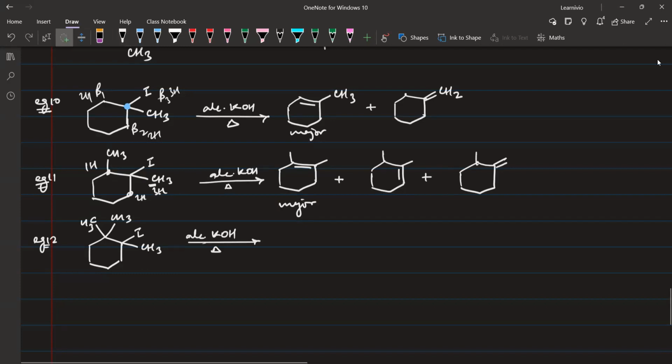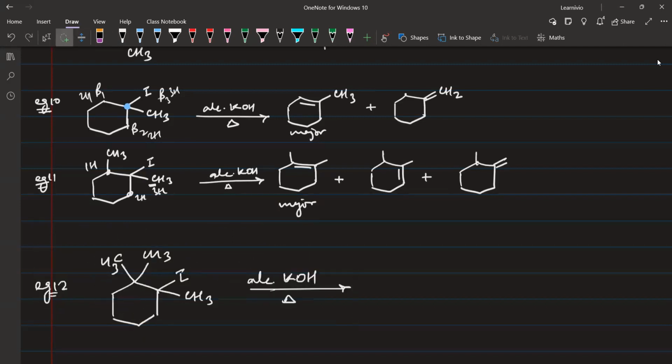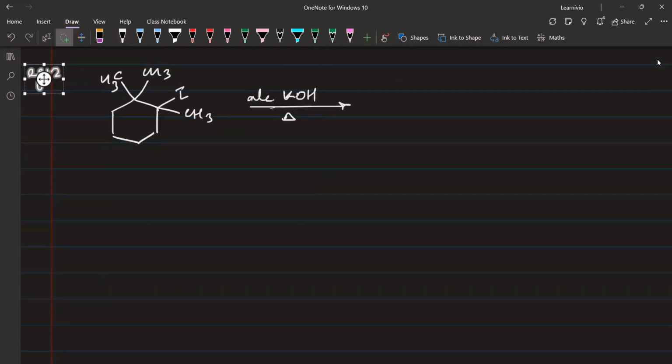Now this question was a little important, both of you made a mistake here, okay, and that mistake was expected. So here, if I look at the carbon atoms, this is my alpha carbon, and I have beta. Let's suppose this is my beta 1.